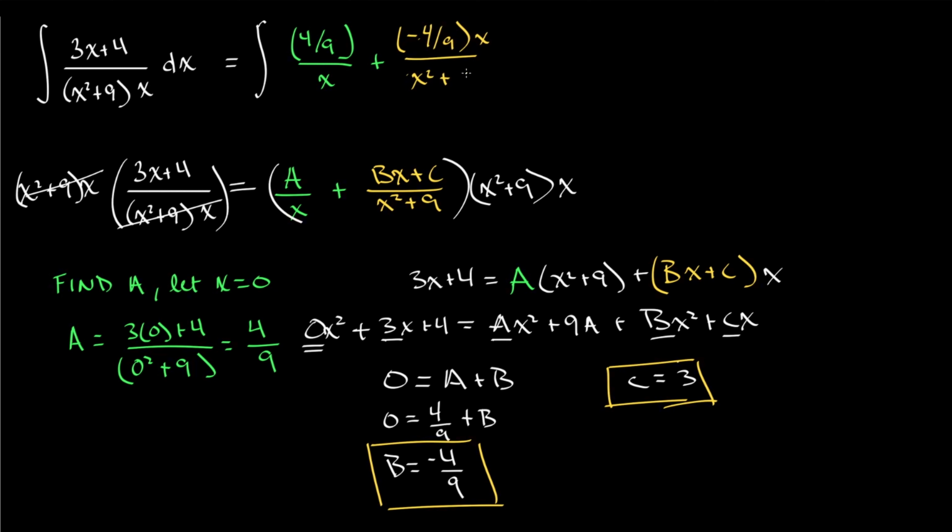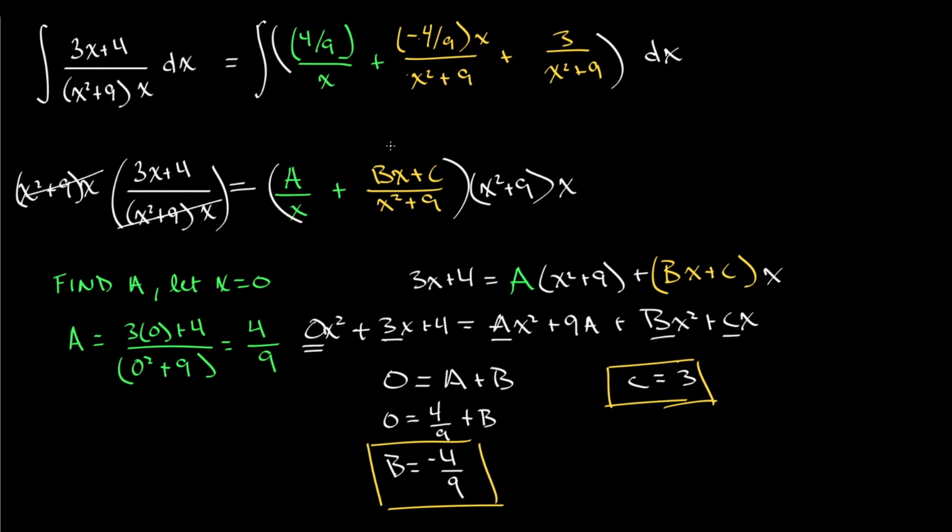And then I'm going to have this other term as well: c is 3, so we have 3 over x squared plus 9. All right, so that's our integrand, and we're integrating all of this with respect to x. There is our indefinite integral under our partial fraction setup.